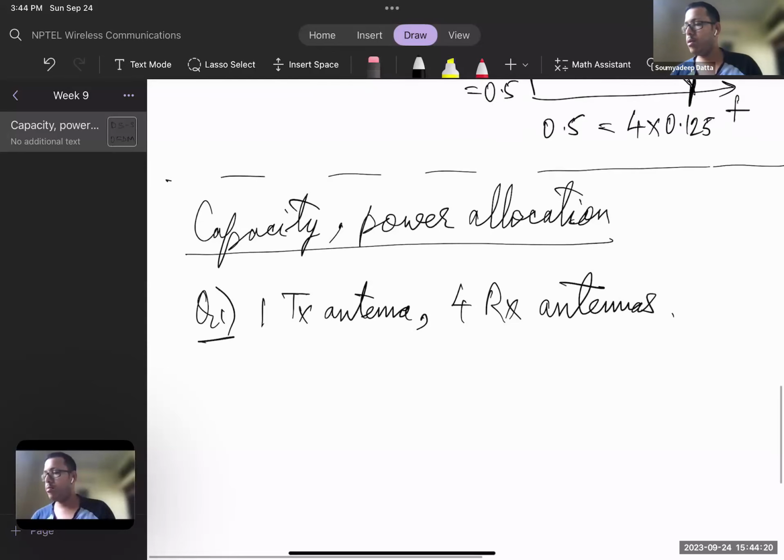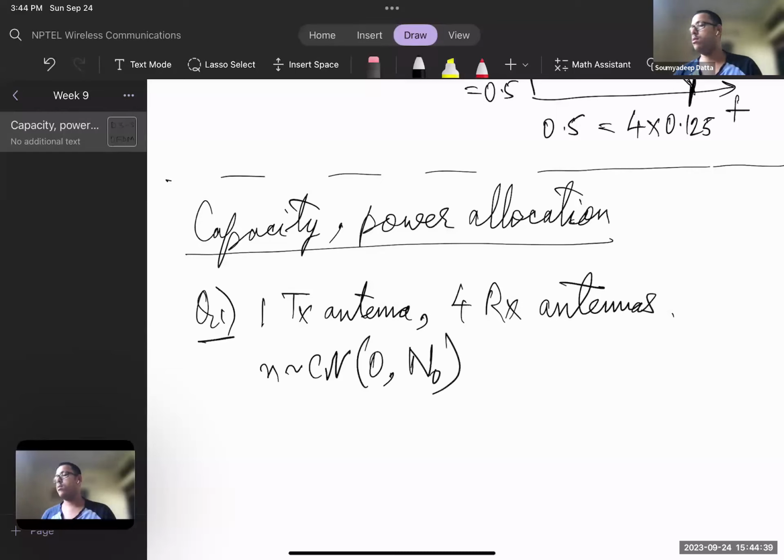In this system there is some noise, and the noise is IID Gaussian with distribution 0, N naught, independent and identically distributed, and the channel is constant. Let's say it is an AWGN channel.